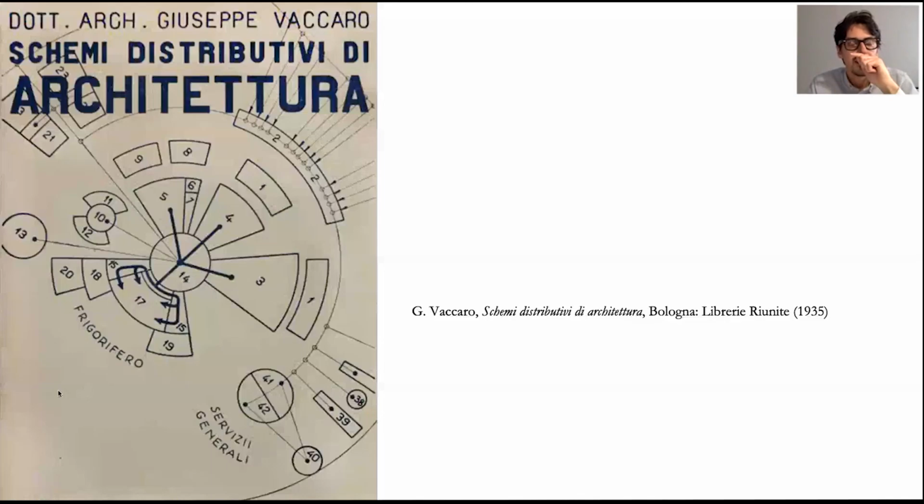This is another kind of handbook that is unique in this genre of representation. Why? Because what he wants to do is to provide the representation of a building with a very general appearance.